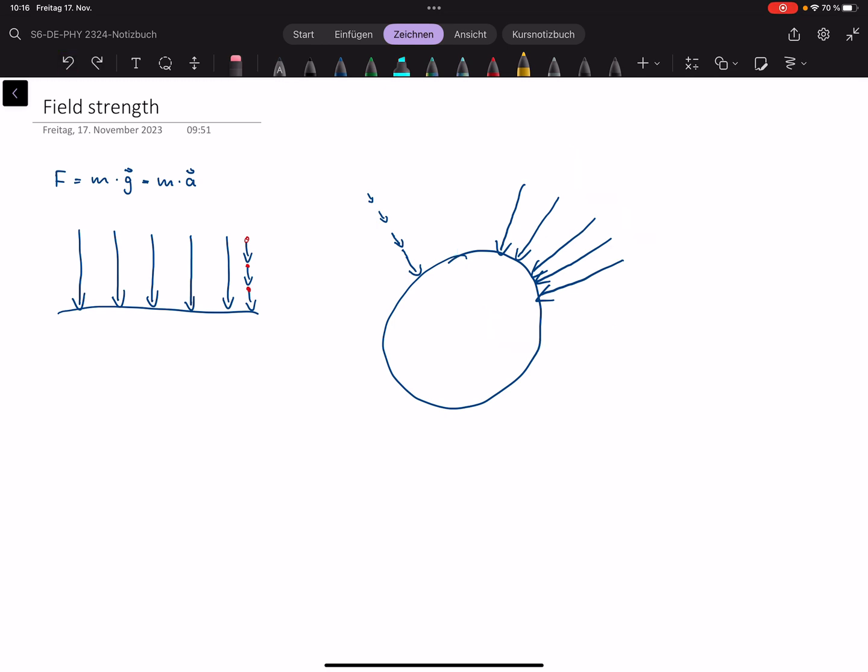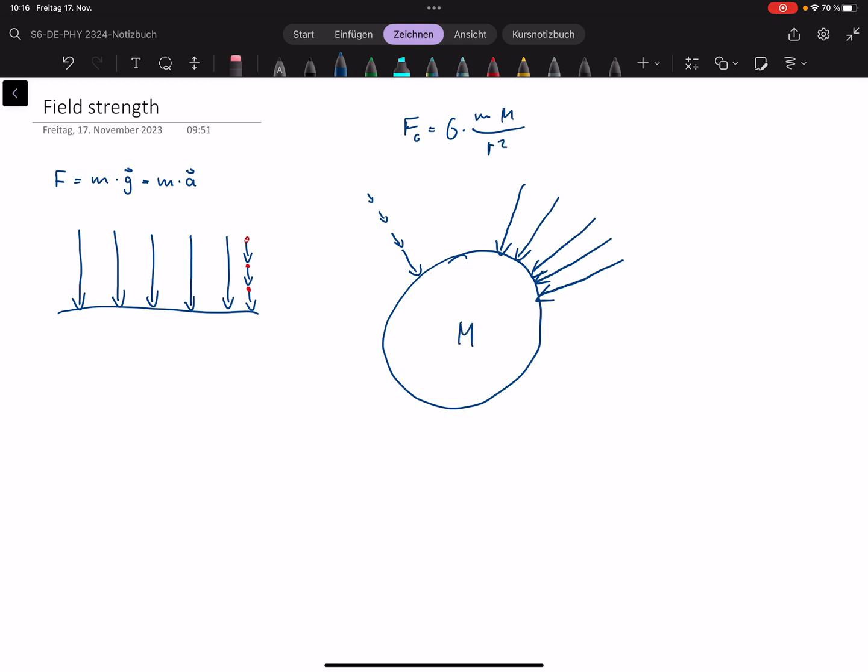And that's where a new interpretation of this field strength or the value of g comes into place. So let's have a look at the formula that describes the gravitational force here. It is the capital G times a small mass times a big mass, over r squared.